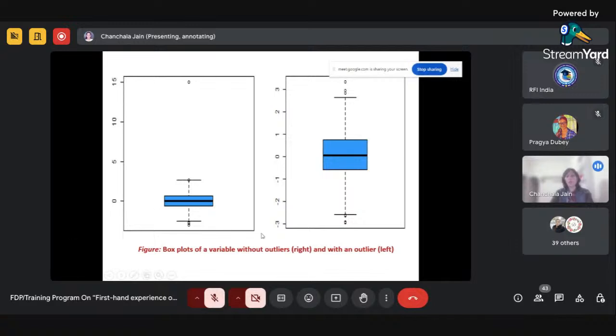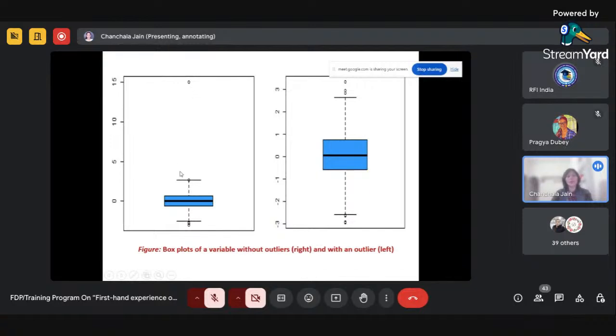Now, talking about box plots, the box size will vary depending on the range of your data. There are two box plots here. On the left side box, there is one outlier coming very far on the upper side. You can find a circle here, and this is the significant outlier.